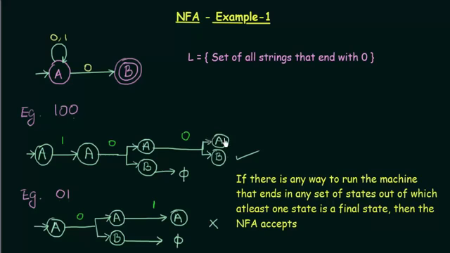We ended up in a set of states A and B, out of which B was a final state. So this string was accepted. And in the second example, we ended up in A and phi, where none of them were an accepting state. So in this case, the NFA rejected. So this is what you have to remember. When does an NFA accept? When we end in any set of states out of which at least one state is a final state. That is when an NFA accepts a given input.